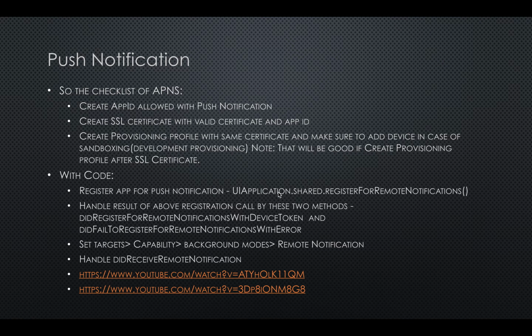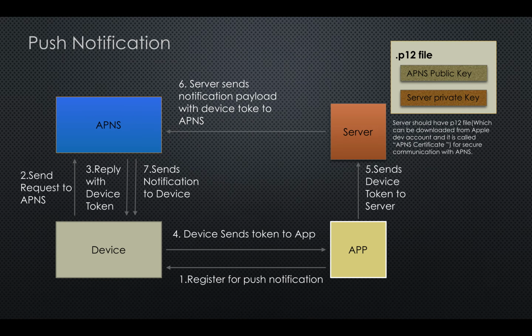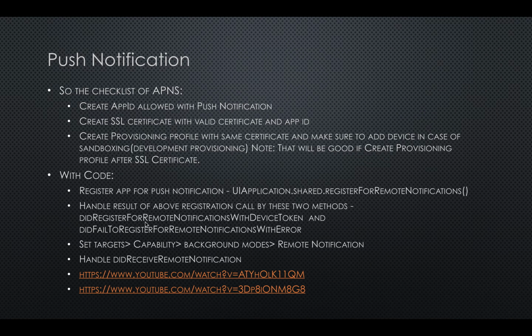To do that you have the UIApplication.shared.registerForRemoteNotifications function, and after registering you have to handle it. As I showed over here, once you register, Apple sends you a device token. To handle the device token you have two methods.